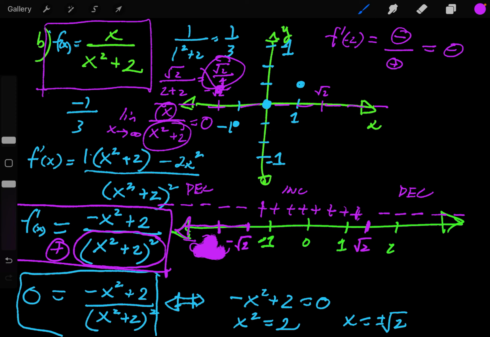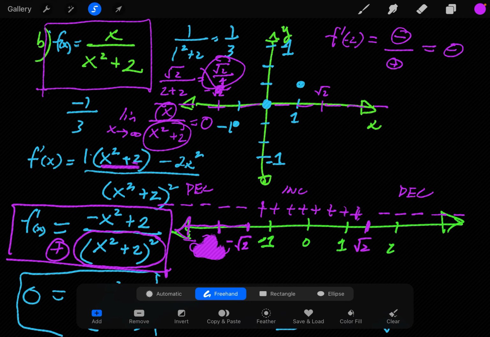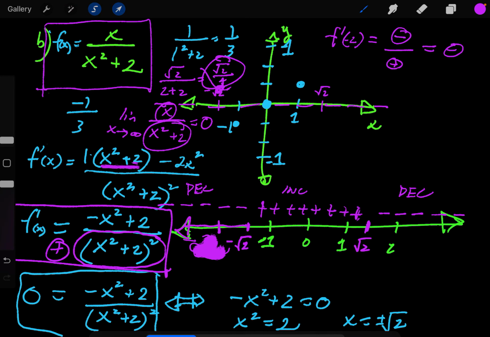Did I calculate the derivative wrong? The derivative of x is 1 times the first function, minus the derivative of the other function, 2x, times the top, which is 2x squared. This is 2x plus 2 minus 2x squared, which is negative x squared. This whole thing squared is always positive.